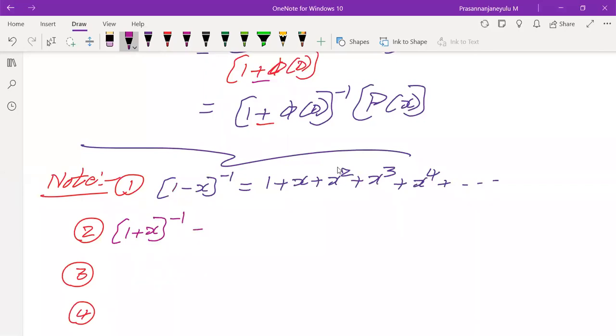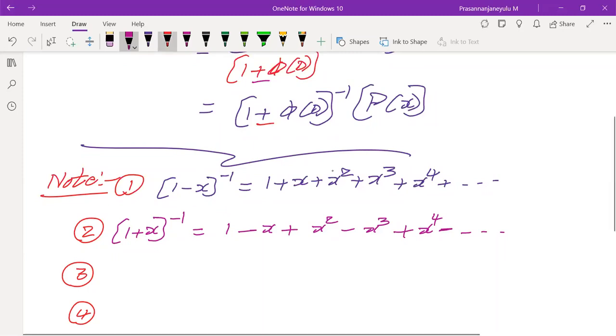Same terms we'll get, 1, x square, x cube, x power 4 and so on. But what are the coefficients we'll get? First term is plus, second term is minus, next plus, next minus, and so on. Alternatively, plus and minus we'll get. It's like an alternating series form.